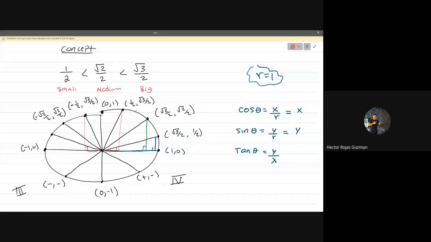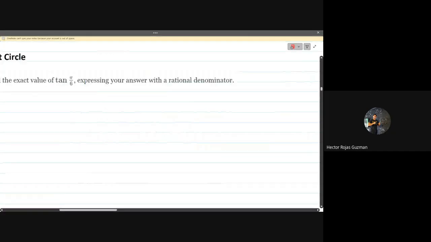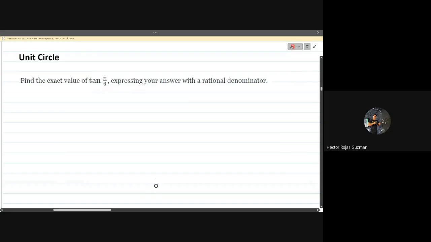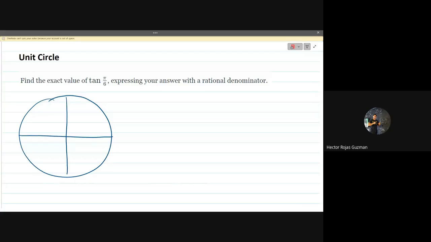All right, let's go ahead and get started with the first examples. Okay, number 1. Find the exact value of tangent of pi over 6, expressing your answer with a rational denominator. There's my circle. If you don't know what pi over 6 is, you can always convert it to degrees.